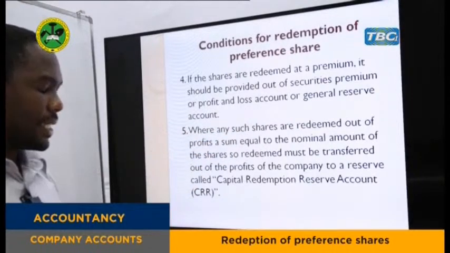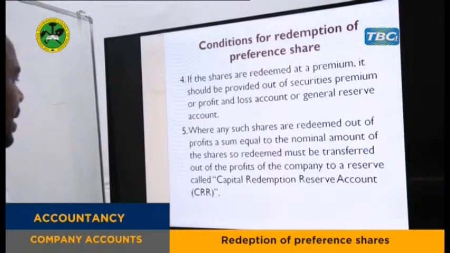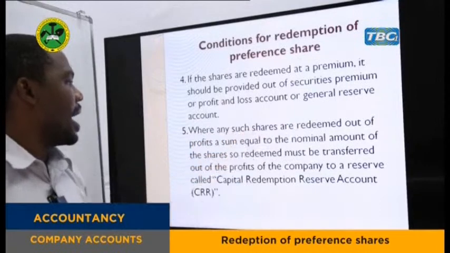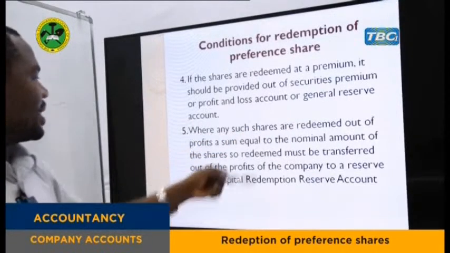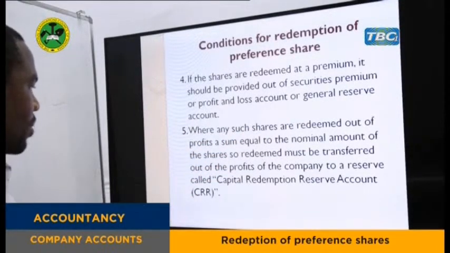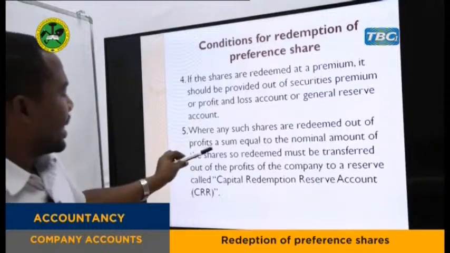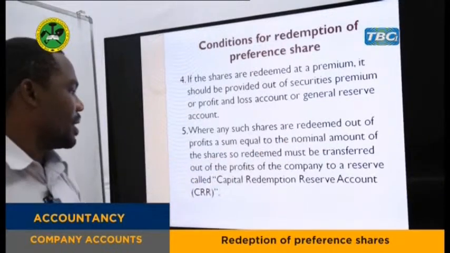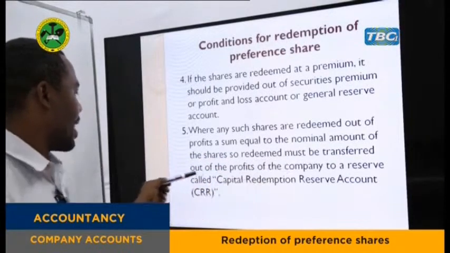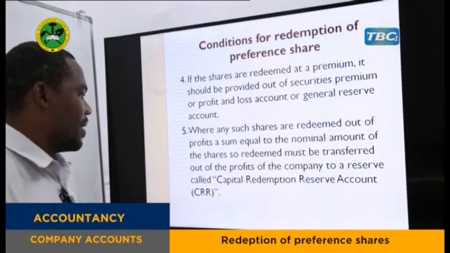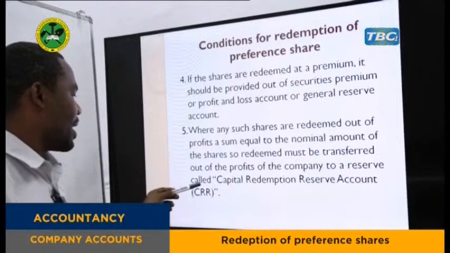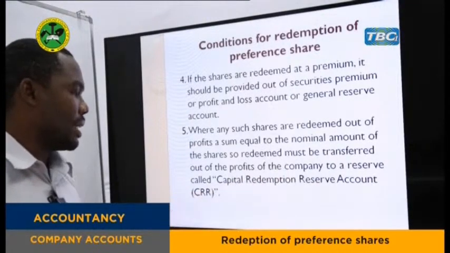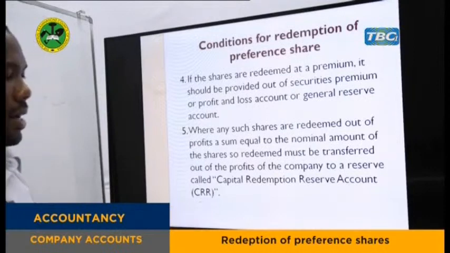And finally, the fifth condition: where any such shares are redeemed out of profit, a sum equal to the nominal amount of the shares so redeemed must be transferred out of profit of the company to a reserve account called the Capital Redemption Reserve Account, or CRR.